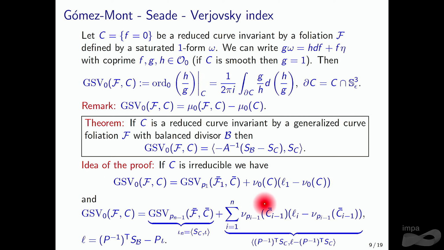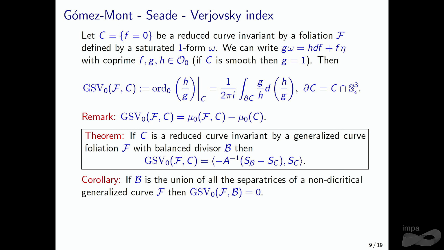And here we obtain the sum of the products of the algebraic multiplicity of the strict transform times this difference, and this can be written like this scalar product. And using the formula for L, we obtain the final expression.